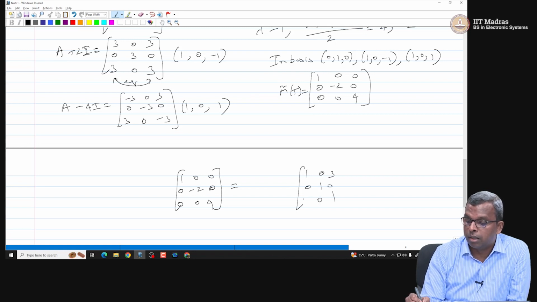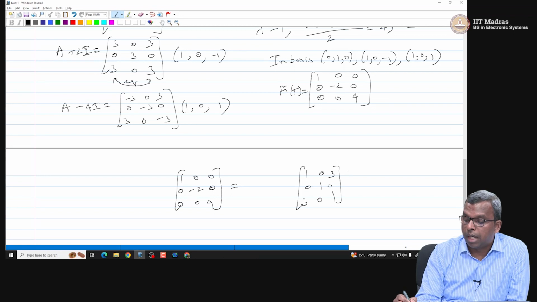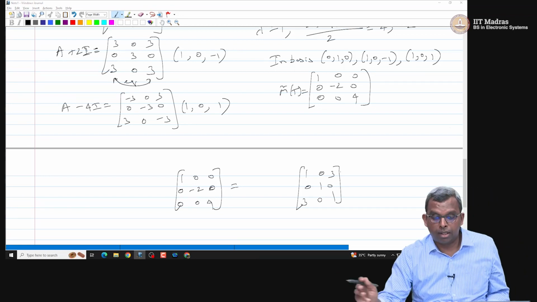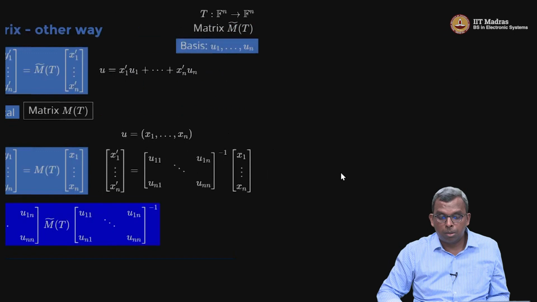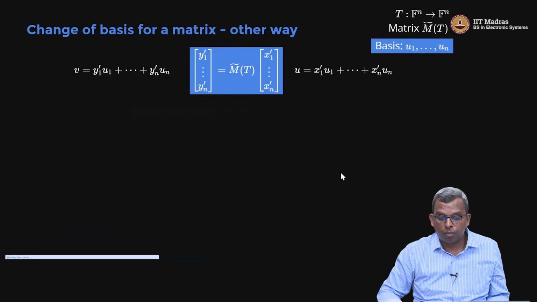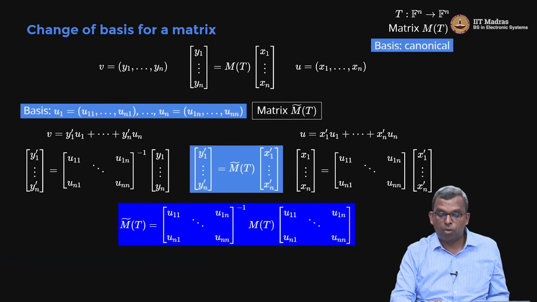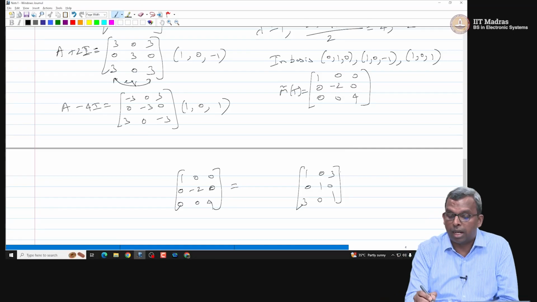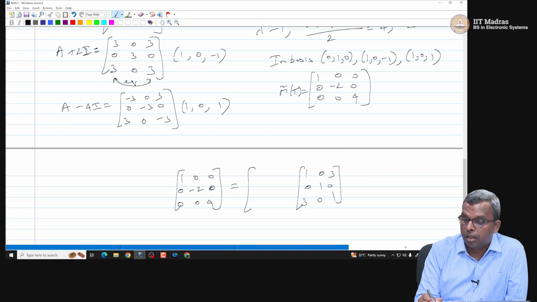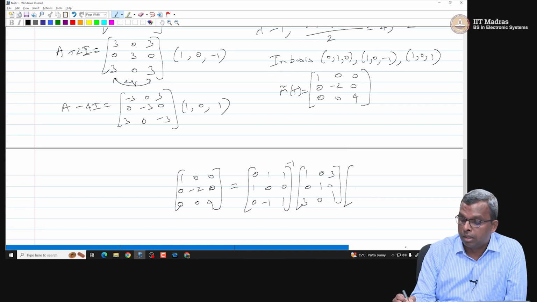You can go back and check and confirm. For m of t, you got the inverse on the left and the basis matrix on the right. What is the basis matrix? The first vector comes here, second comes here, 1 0 1 comes here: 0 1 0, 1 0 minus 1, 1 0 1.